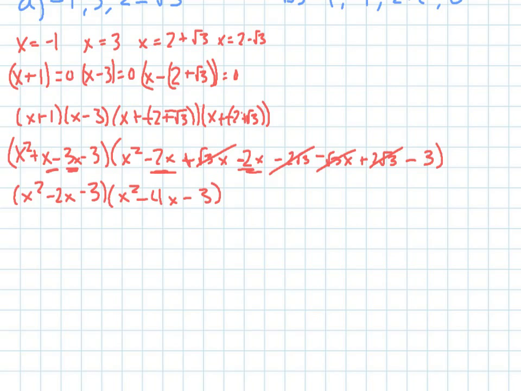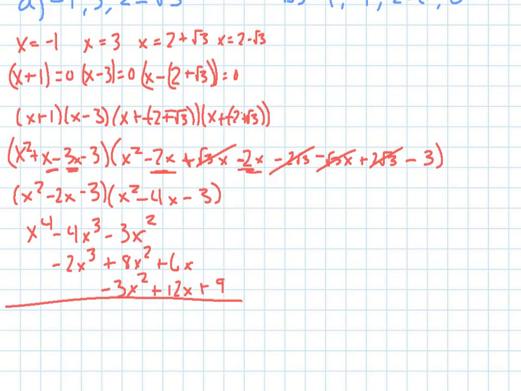So here I'm going to multiply again, so x to the 4th, then minus 4x cubed, then x squared minus 3 minus x squared, and then negative 2x cubed, positive 8x squared, positive 6x, and then negative 3x squared, positive 12x, positive 9.